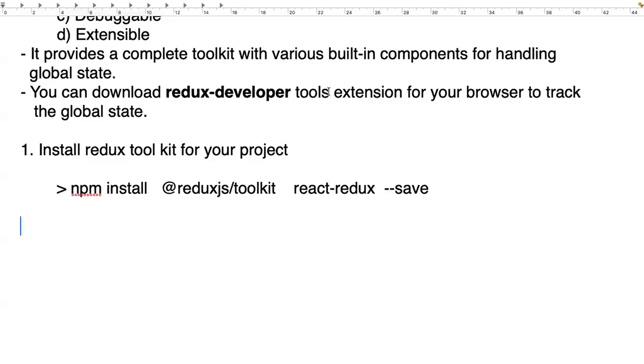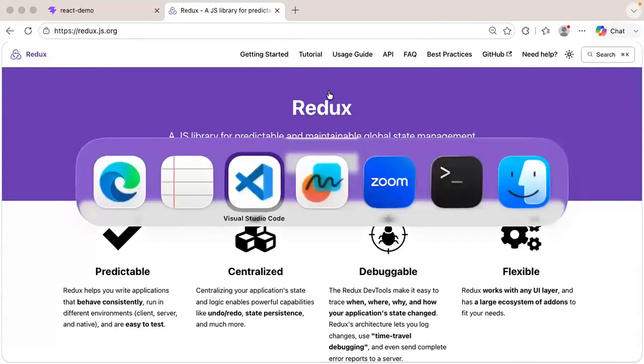You can use it anywhere in JavaScript. What people usually think is that Redux is for React, but it is not. It can be used everywhere, right? So first step, you have to install the Redux toolkit. Let's go to our main project now.